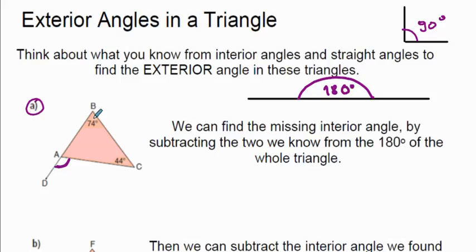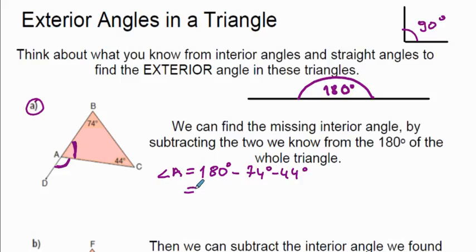So first thing that we can do by using these two angles is we can actually find this third internal angle here. So we're going to use our internal angles of a triangle rule, and angle A, we're going to calculate by taking away 74 and 44 from 180.